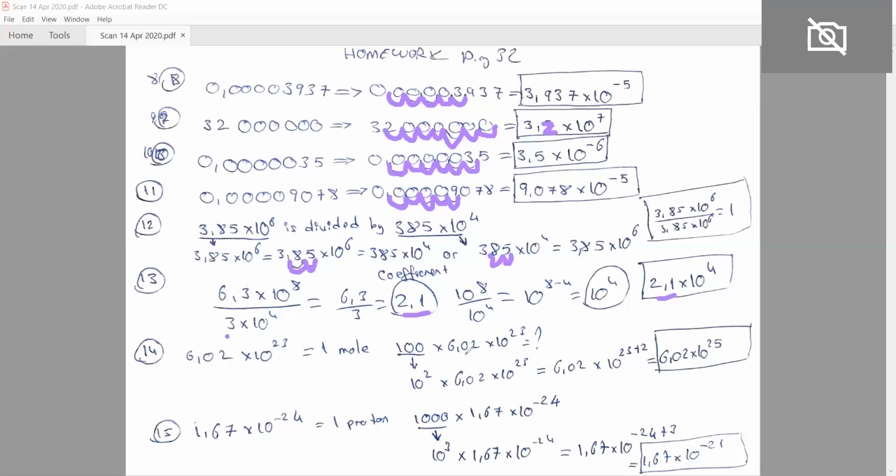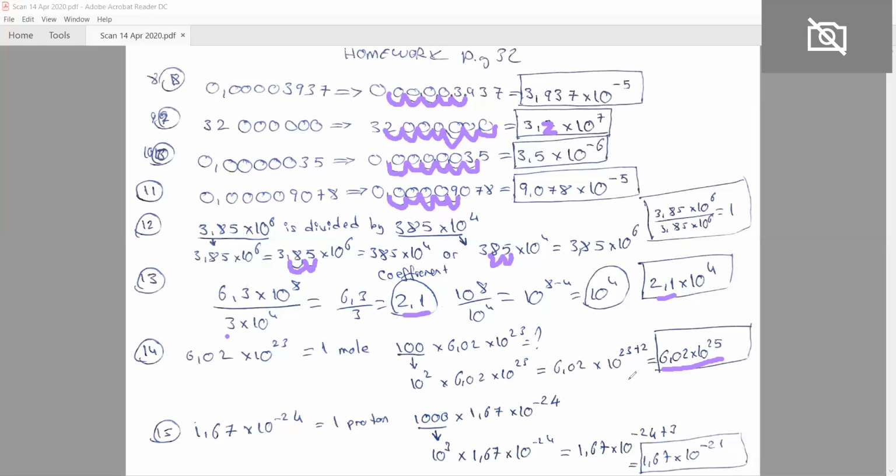This 6.02 again is the coefficient, right? 10 to the power of 23 and 10 to the power of 2, guys, remember we have the same base. Remember the rule. We're going to add the powers. So 23 plus 2 will be 25. So my answer is going to be, guys, 6.02 times 10 to the power of 25.